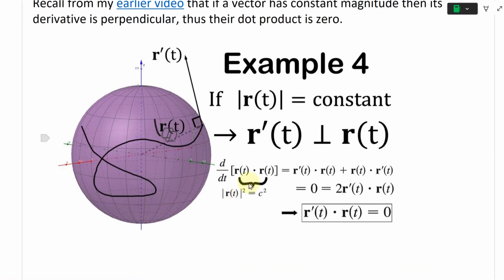And the proof is right here, and that's basically by taking the derivative of the dot product of r with itself. Using the geometric interpretation, it's parallel, so the angle is 0, and we have cosine 0 equals 1. And then we have r(t) squared, which is constant, so it's going to be C squared.